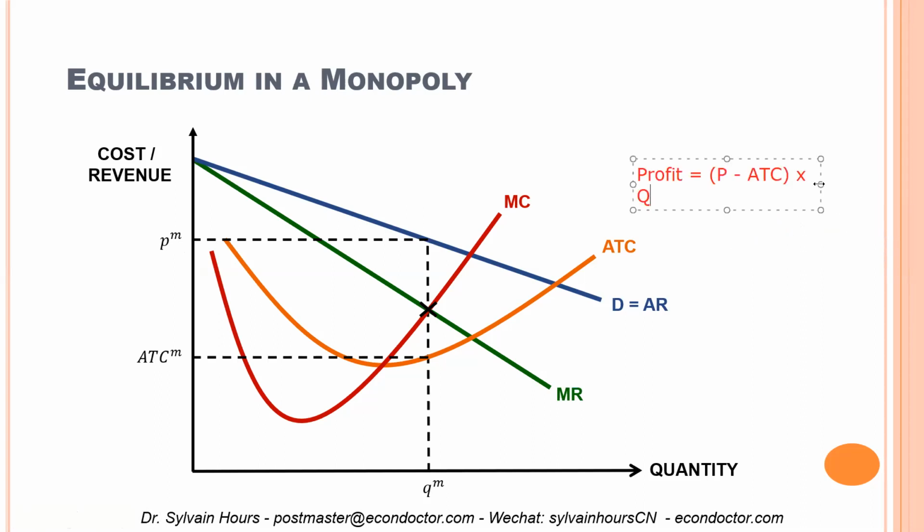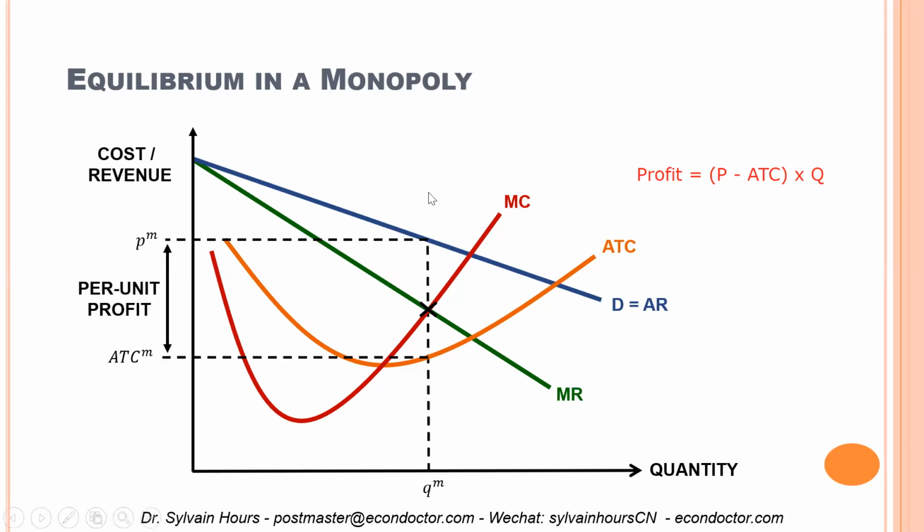So in order to identify the profit on your diagram, you must identify the average total cost at this quantity of output. So you just go up until you meet the ATC curve and you read the corresponding ATC. And then you just identify this area as the profit that is made by the monopolist.